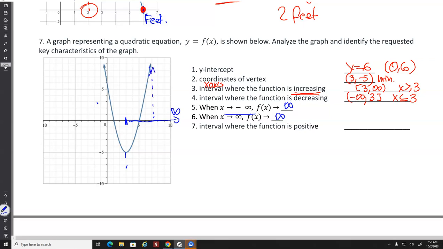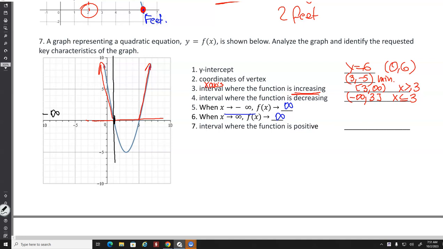In an interval where the function is positive, the positive parts of the function are going to be the parts that are above the x-axis right here, so all these. Again, we're coming from negative infinity to this point right here. This is where it ends.